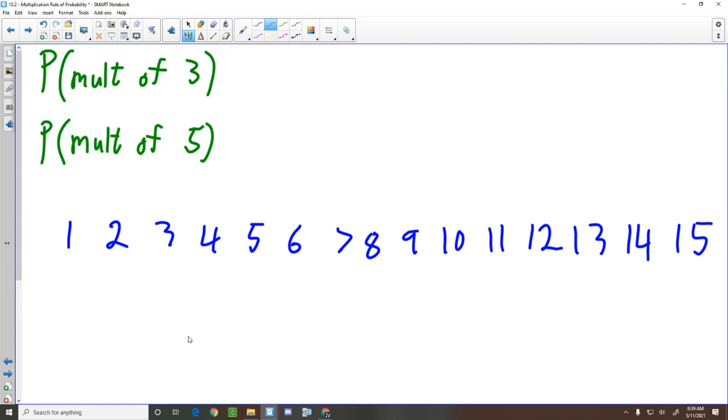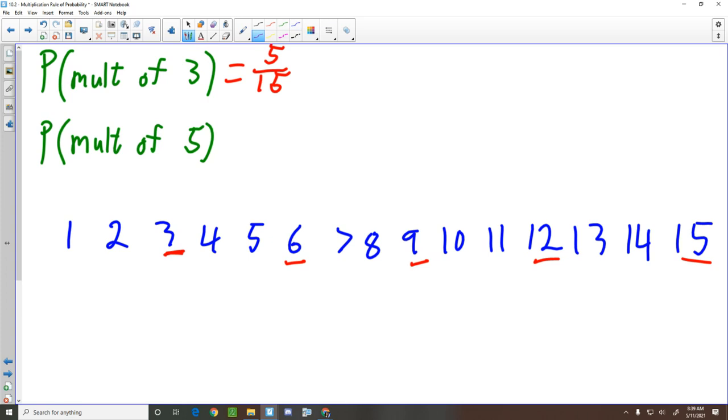All right, so what's the probability that you spin a multiple of 3? Just look through this list. Which numbers are multiples of 3? Well, I've got 3, 6, 9, 12, 15, so 5 of them. There are 5 numbers that are multiples of 3. So that's 5 favorable outcomes divided by 15 possible outcomes.